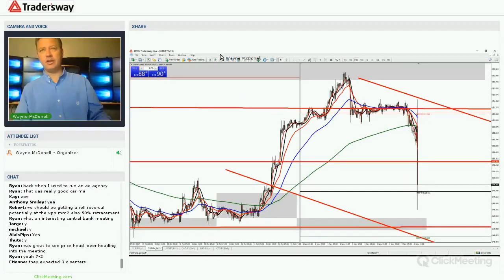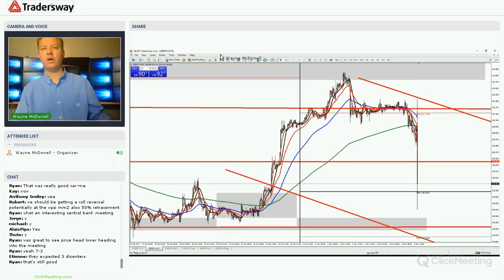But if they still raise 3 times instead of 4, right? If they still raise 3 times versus 4, I might interpret that as, well, I'll buy it low.